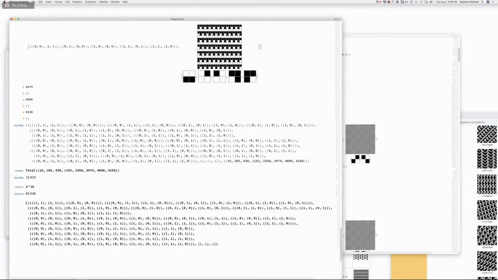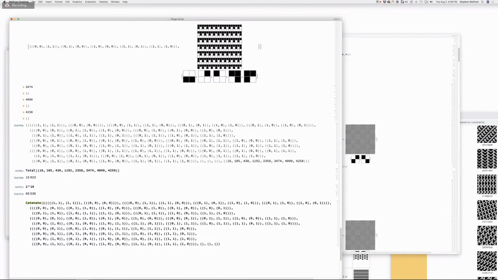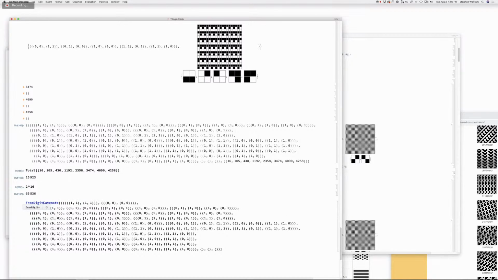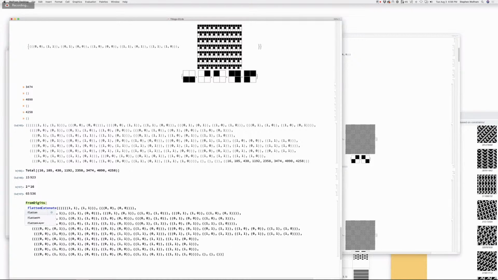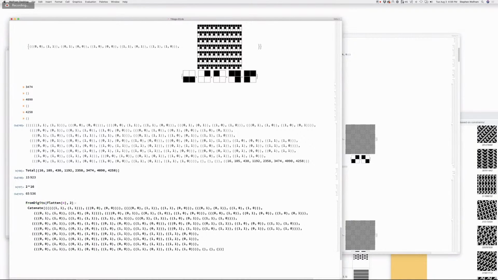Yeah, flatten and integer from digits. So we concatenate this, and then we're going to do a from digits of flatten of hash, comma 2, that.